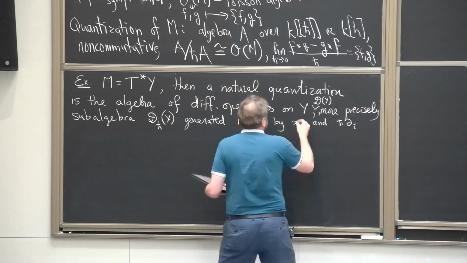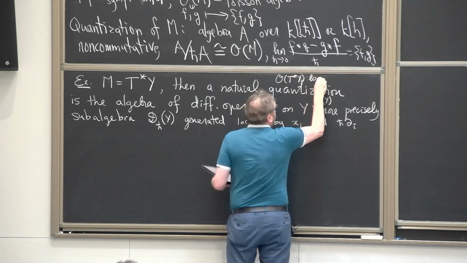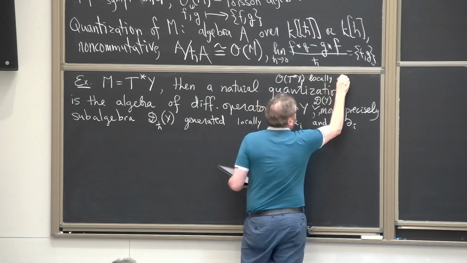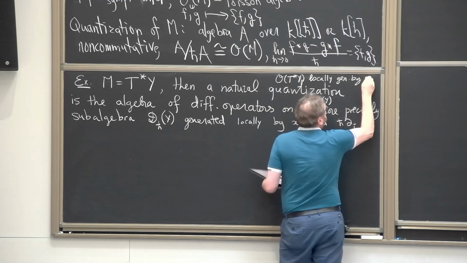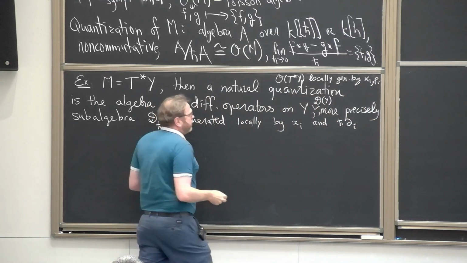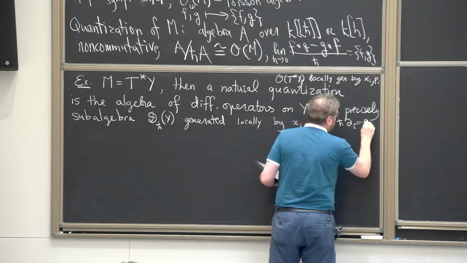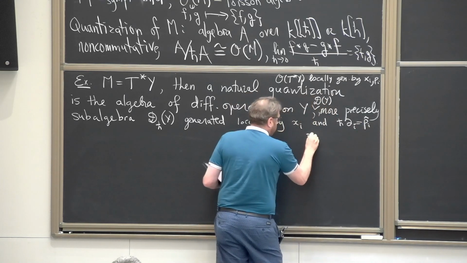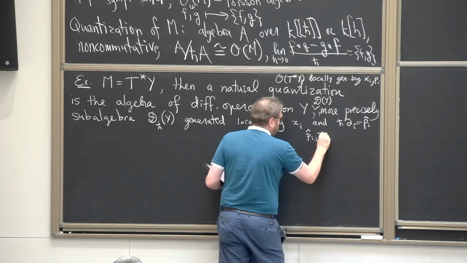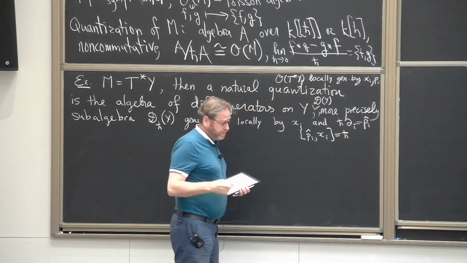Functions on T*Y locally are generated by coordinates and momenta, and the yoga of quantization is that we replace momenta by quantum momenta, π-hat, and the commutator of π-hat with x_i is h bar, which is the Heisenberg uncertainty relation.